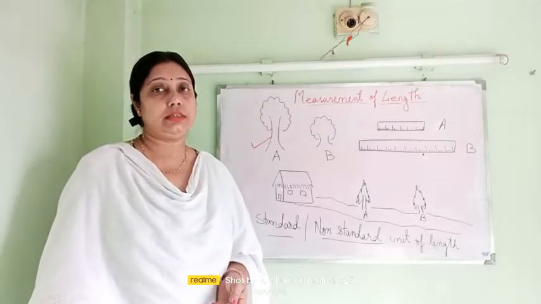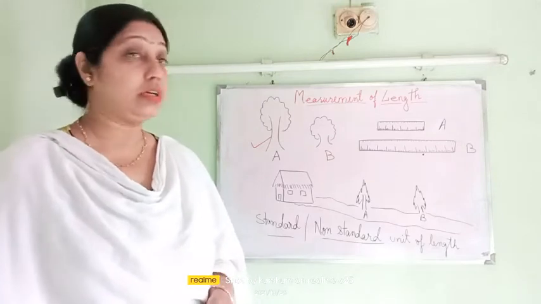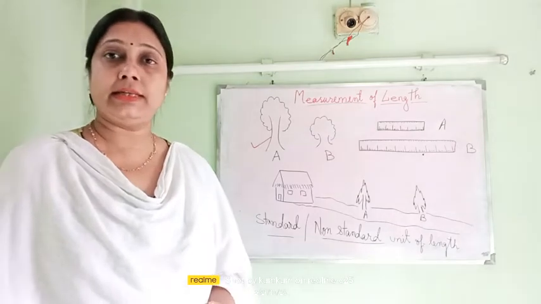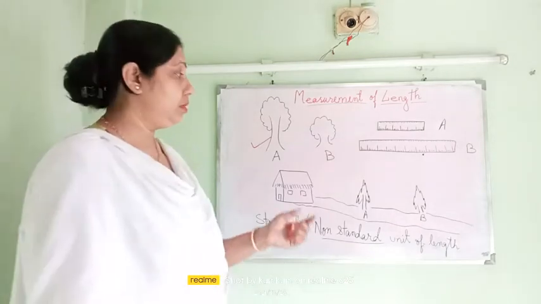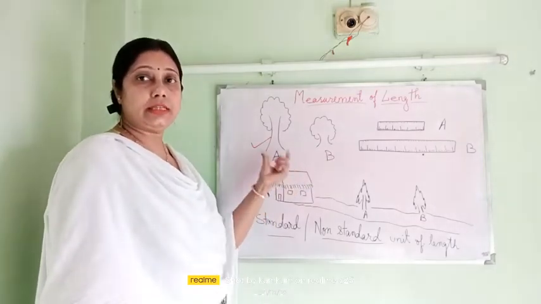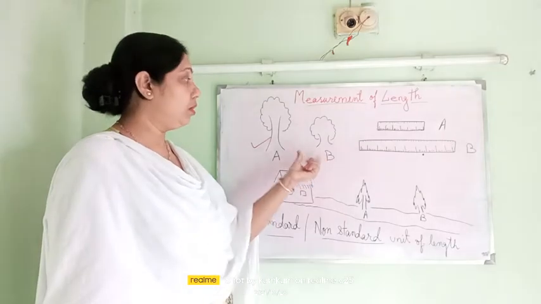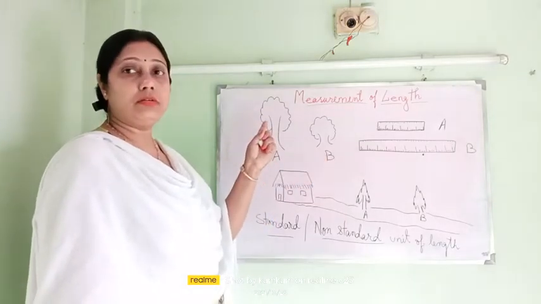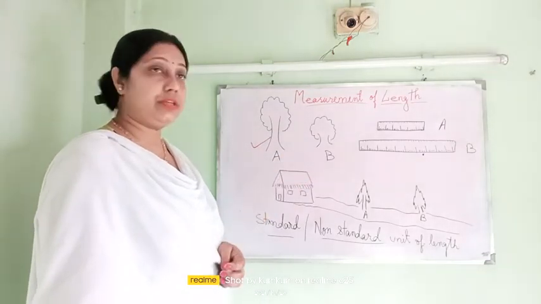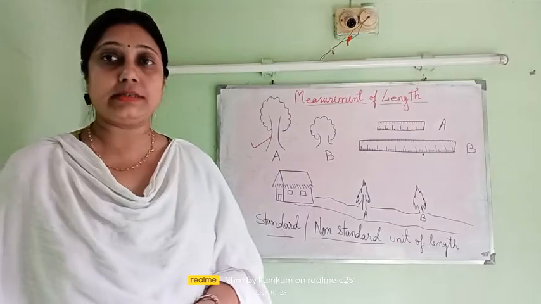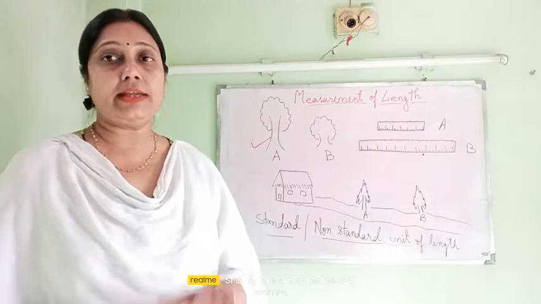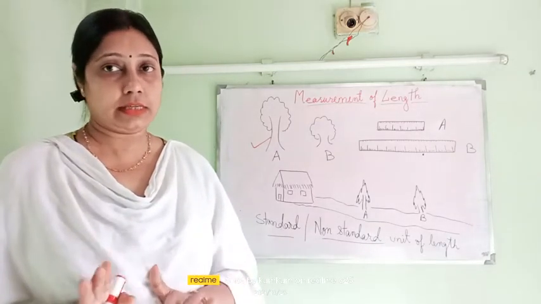Yes, scale A is shorter than scale B and scale B is longer than scale A. Here also, tree B is smaller than tree A and tree A is bigger than tree B. Or you can say tree A is longer than tree B and tree B is shorter than tree A. Any way you can say. So by eyes, by seeing only the objects, we can identify the heights and the length of the things.